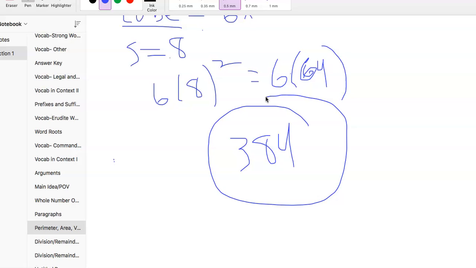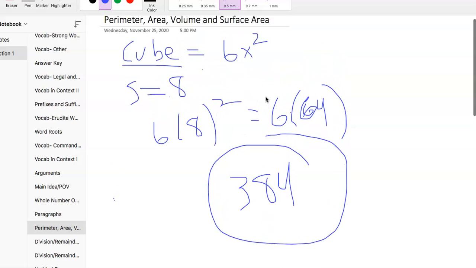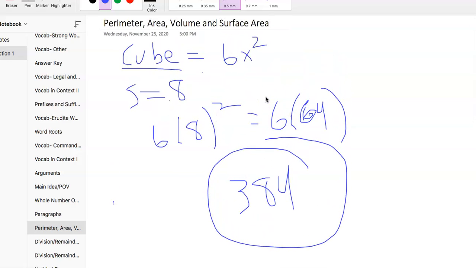Okay, so there's all we have to know, right? So we have perimeter, area. Remember, for squares, all the sides are equal. Volume of rectangular solid, which is length times width times height. Pretty straightforward. Volume of a cylinder, pi r squared h, something that you just have to dedicate to memory. Once we get into surface areas, I probably, if I was you, go to the process of memorizing cube first, which is just 6x squared, right, with x being a side.